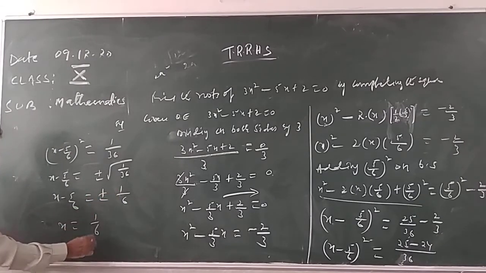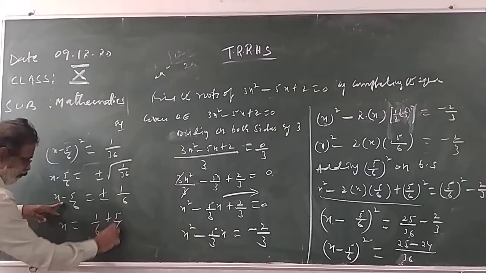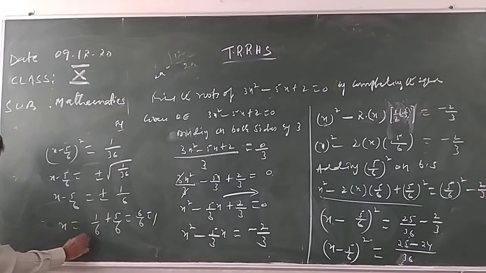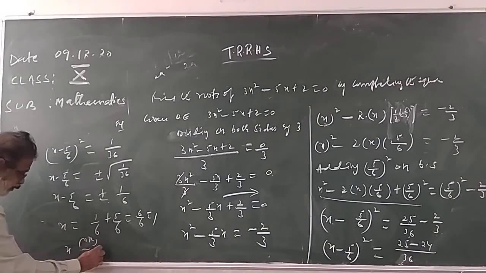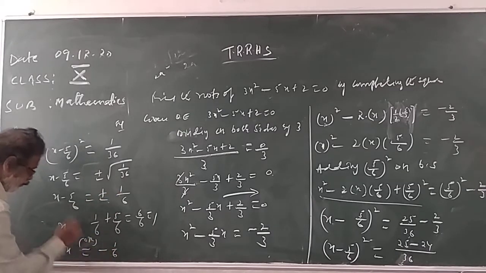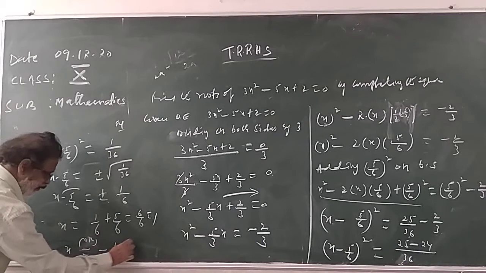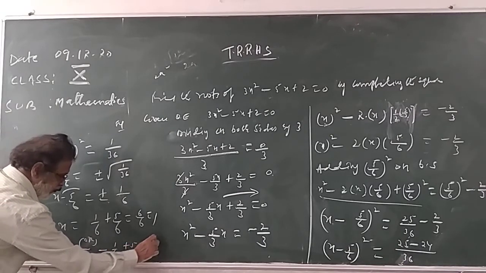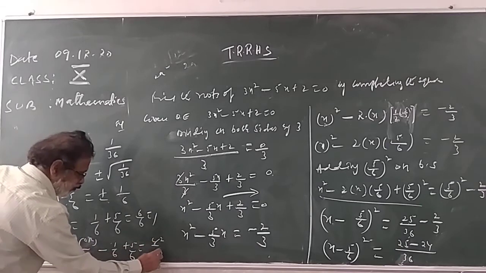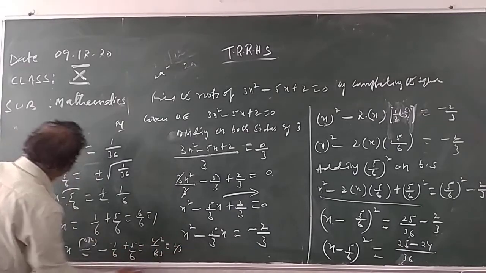Minus 5 by 6 carries to the other side as plus 5 by 6. 6 by 6 is equal to 1. Or take minus 1 by 6. Minus 5 by 6 becomes plus 5 by 6 on the right side. 5 minus 1 is 4 by 6, which is 2 by 3.